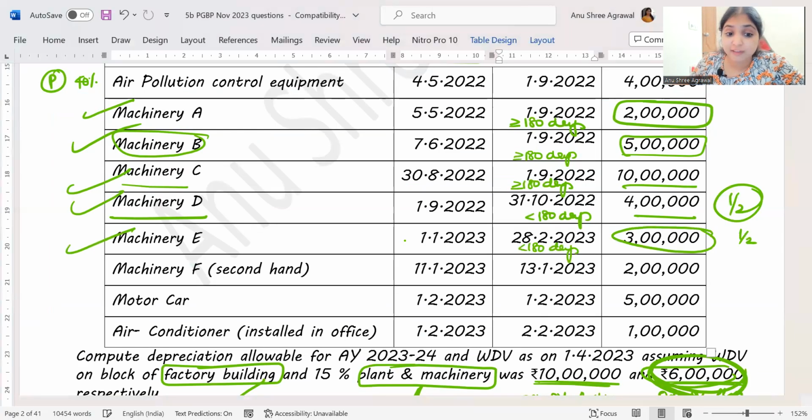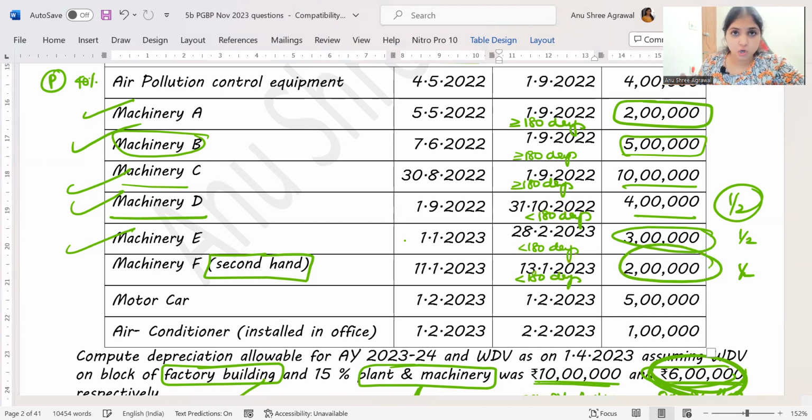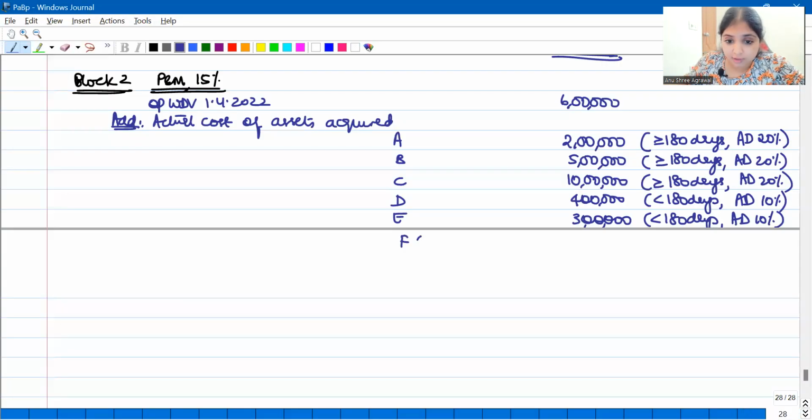Then we have machinery F, second-hand machinery. It was acquired on 11th Jan 2023. In the same year itself it was put to use, for less than 180 days in the year of acquisition.